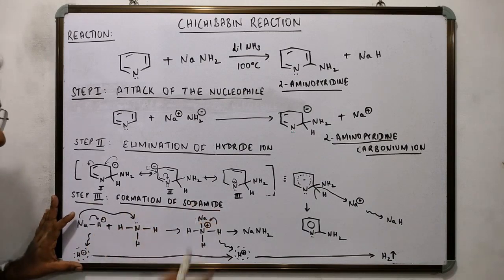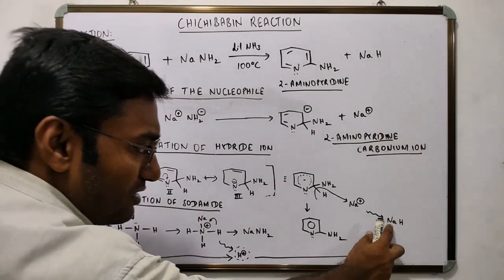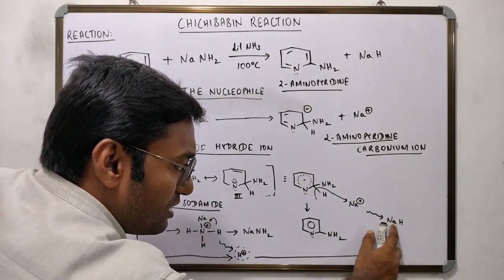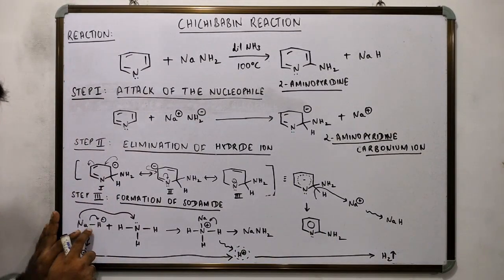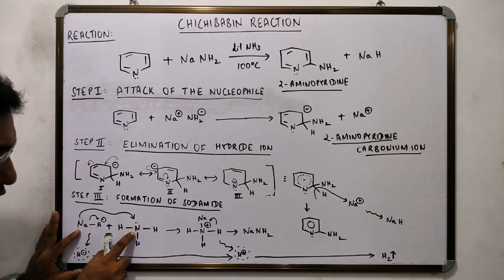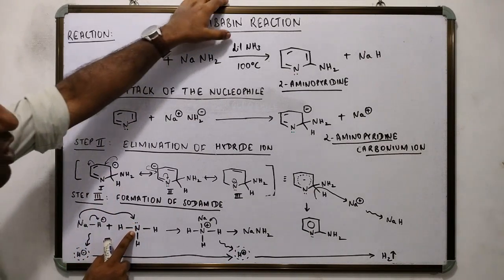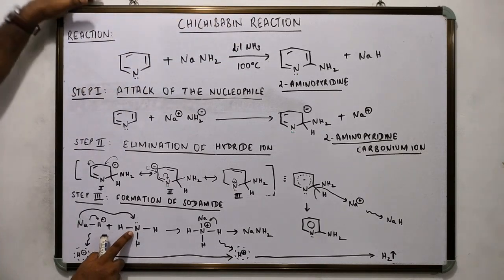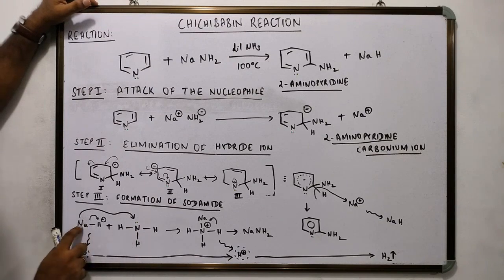Step number 3. Formation of soda amide. The sodium from the formed sodium hydride is now attracted to the lone pair of electrons of the nitrogen of the solvent molecule, that is dilute ammonia, that we have used in this reaction.